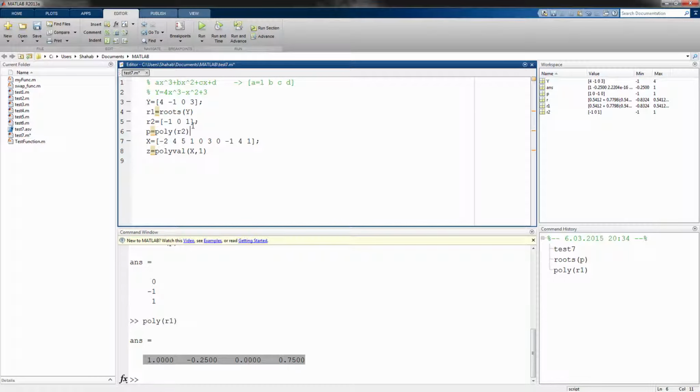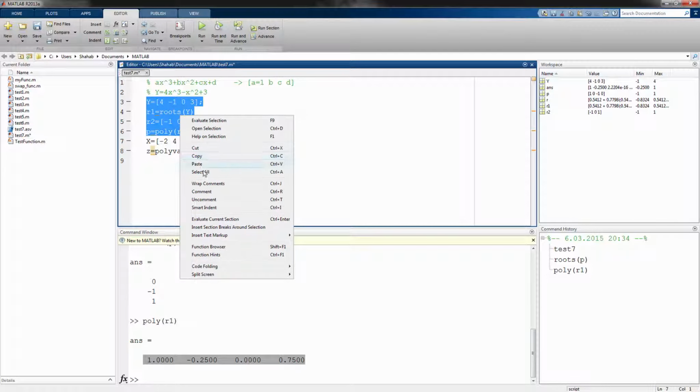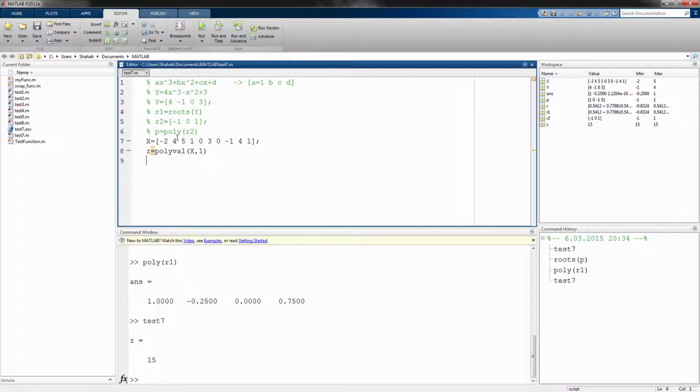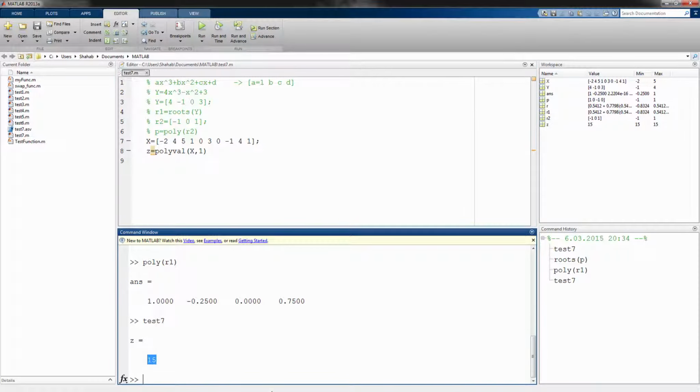I can comment these two lines: I select them and either use Ctrl R to comment, Ctrl T to uncomment, or right click and choose comment. It means they will not be executed. I run this one and it tells me that if I put the value 1 in this polynomial of x, the result is 1.